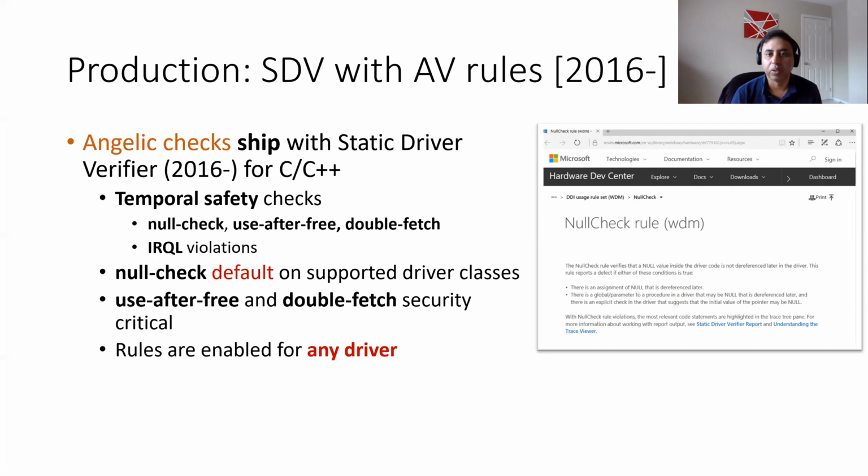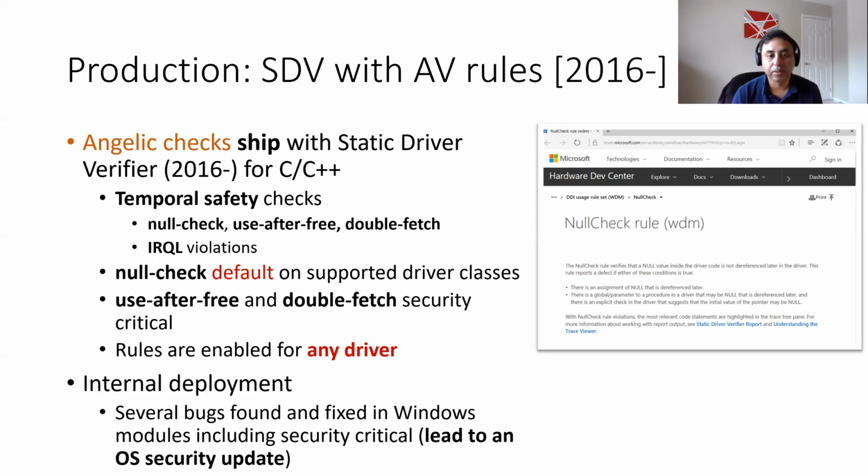You can take a look. And use after free and double fetch are security critical, so they're important. And they're enabled for any driver. And in the course of internal deployment, we also found several security critical bugs, at least one of which led to an OS security update.